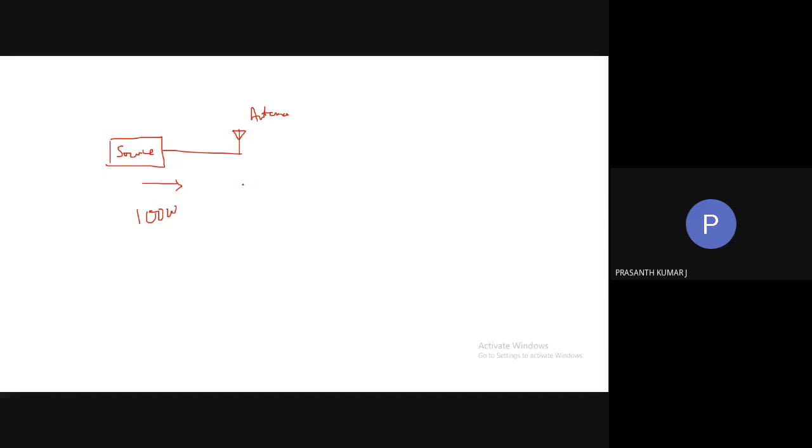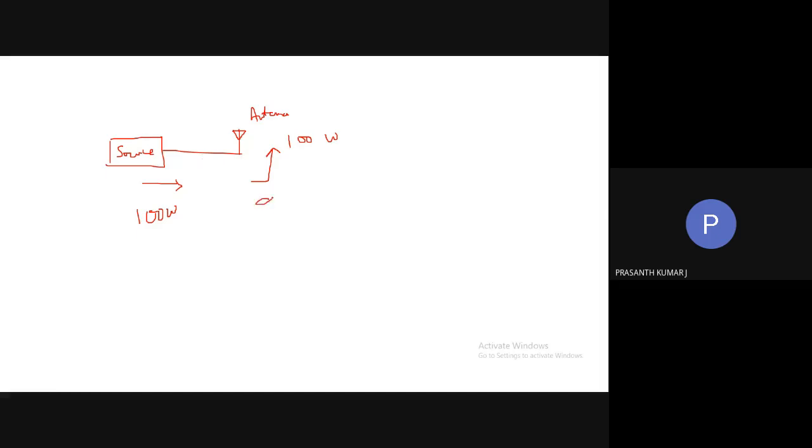Now, how can we say that the antenna is an efficient antenna? If the antenna is sending all 100 watts outside, then we can say it is an efficient antenna. In the ideal condition, all 100 watts will be delivered. In practical conditions, there will be losses during transmission, and losses in the antenna.